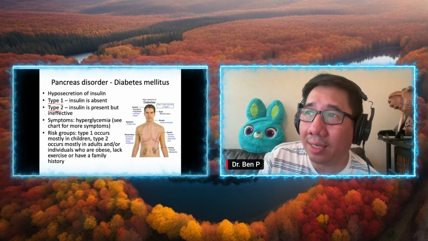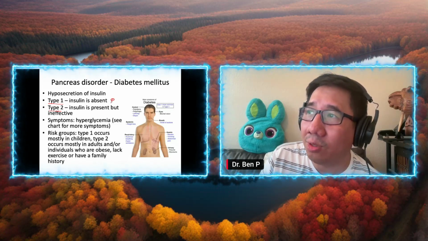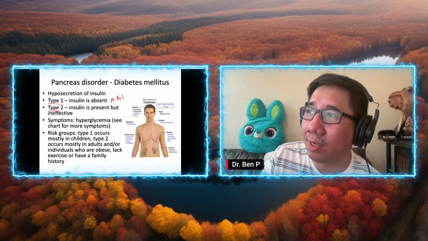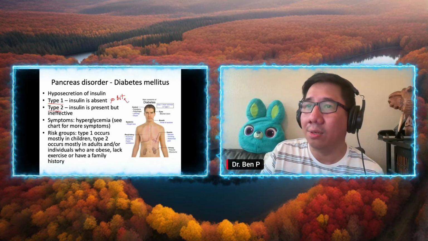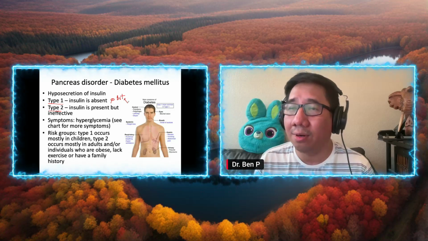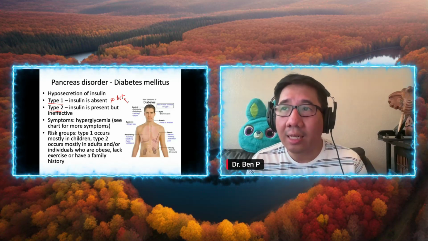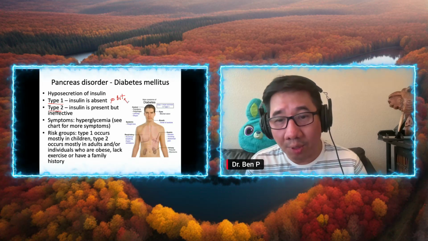Type 1 is called insulin absent. Your beta cells do not produce any insulin, so no insulin whatsoever. So you do need insulin to help break down your sugar. Type 2, on the other hand, is the most genetic type.